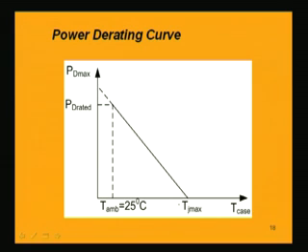So this power derating curve gives the idea about how the maximum power dissipated is related to the temperature of the case of the transistor. We have to take care of all these factors, maximum current rating, maximum voltage rating and maximum power dissipation, when operating the transistor in power amplifiers, and we should always operate the transistor within the safe operating area.